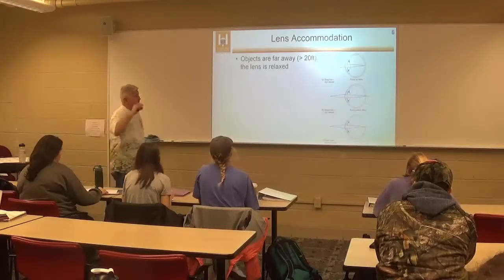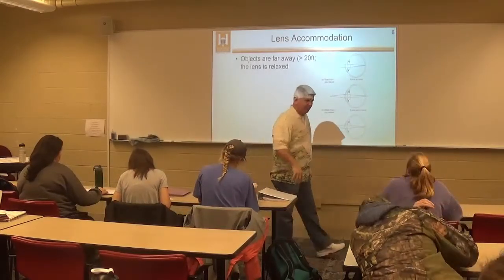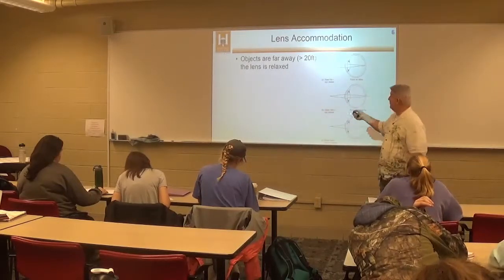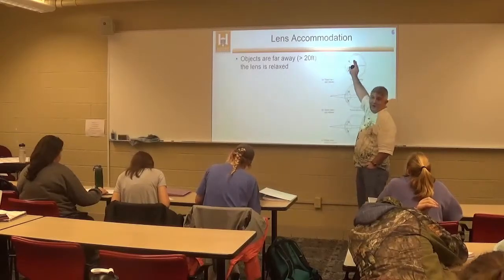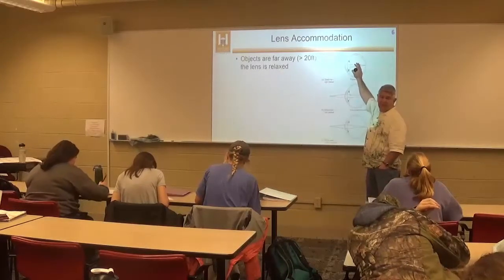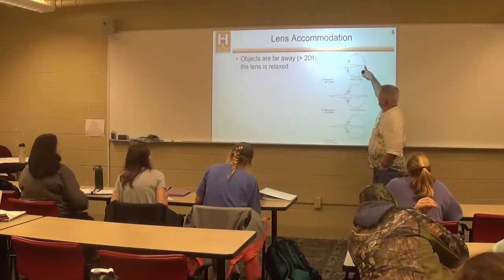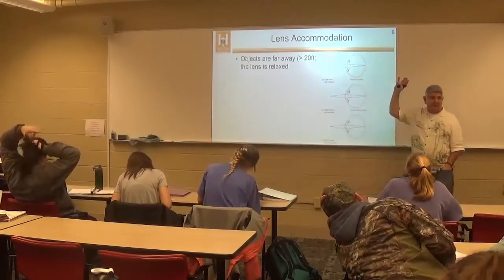So when objects are far away, about 20 feet or more, our lens is totally relaxed. And when our lens is totally relaxed, everything being normal, meaning no myopia or hyperopia, then that is just projected regularly in focus on our retina. Okay?